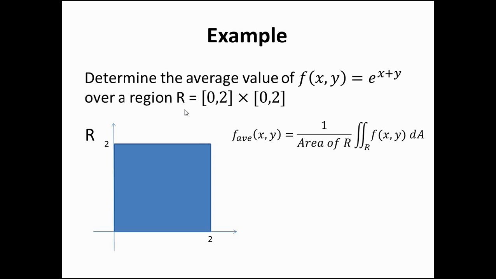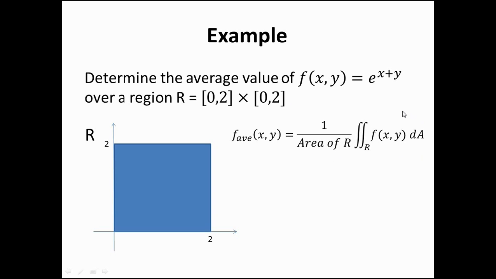Right, so now let's move on to an example. We're given the task to find the average value of the function e to the power of x plus y over the region 0 to 2 and 0 to 2. To find the average value, recall that the formula is to find the double integral and divide it by the area of the base. So let's just do that.